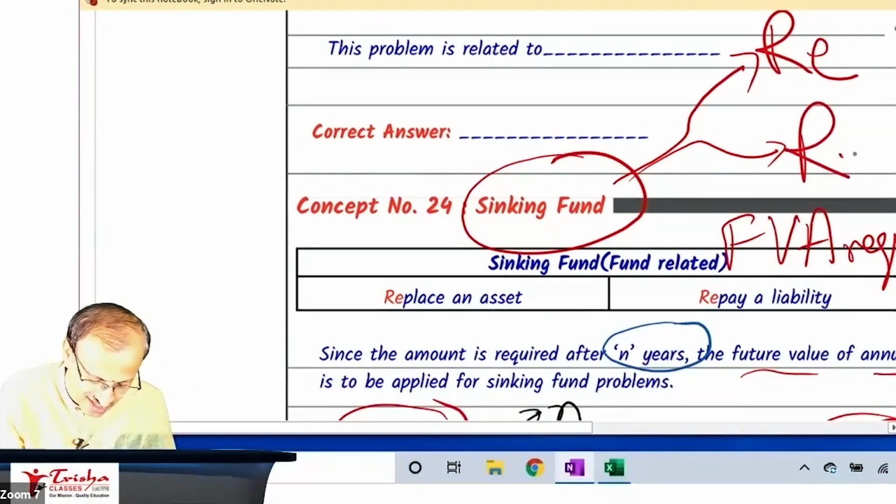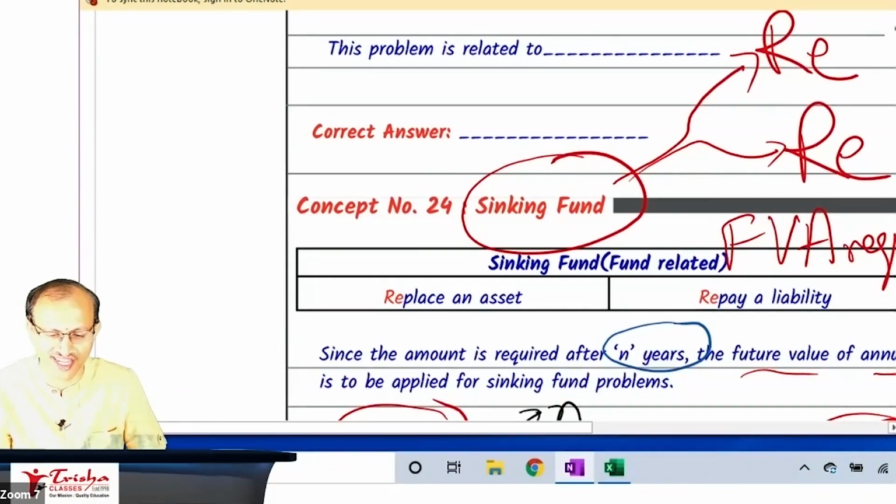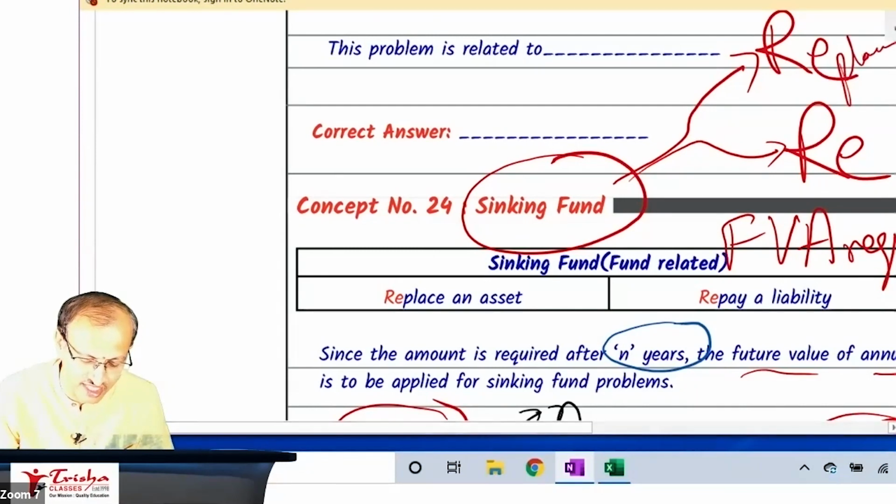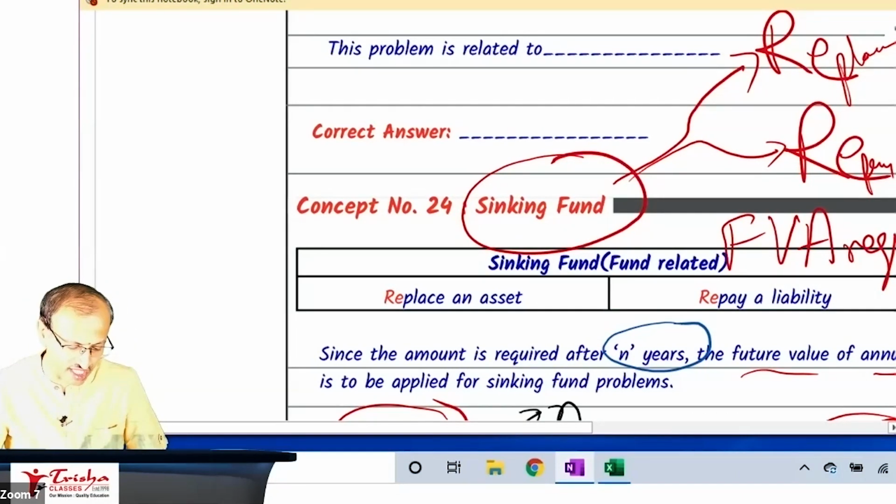You will never forget this. What is that re about? First re, replacing asset. Some of you get confused here only. Replacing asset. The other one is repaying liability. That's where the sinking fund concept comes in.